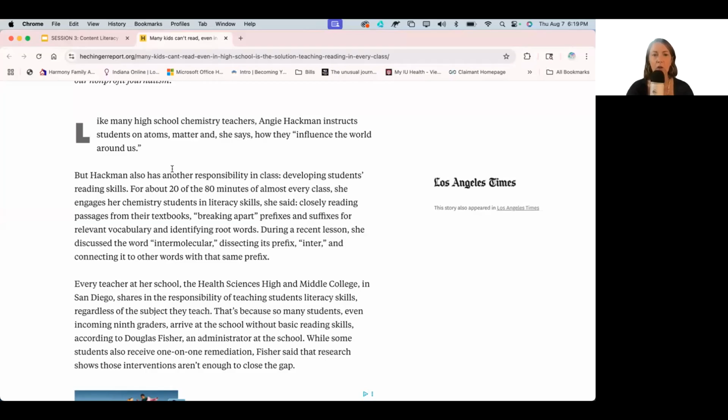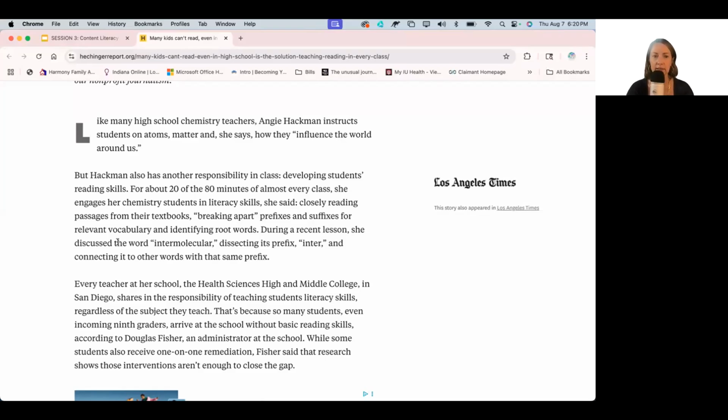And she said, closely reading passages from their textbooks, breaking apart prefixes and suffixes for relevant. Everyone say relevant. What does relevant mean? So relevant means it has something to do with what we're talking about. It has meaning, vocabulary, and identifying root words.